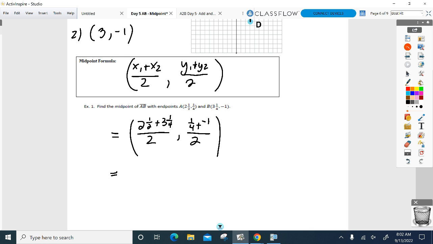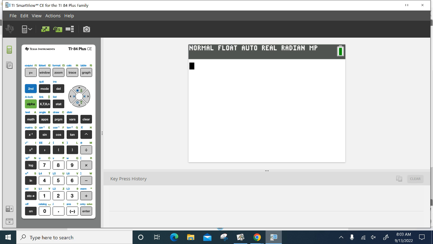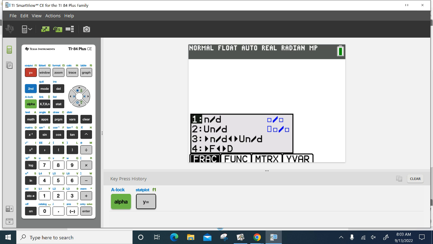Okay, here we go. If you don't know how to do mixed numbers in your calculator, you know how to get a fraction template, right? It's the same spot. Alpha y equals, and then instead of choosing 1, you choose number 2. Number 2 will get you your mixed number template.